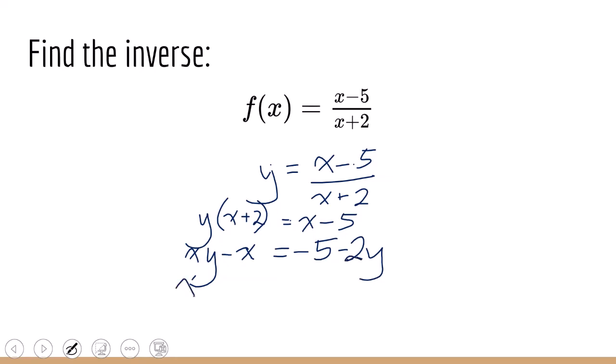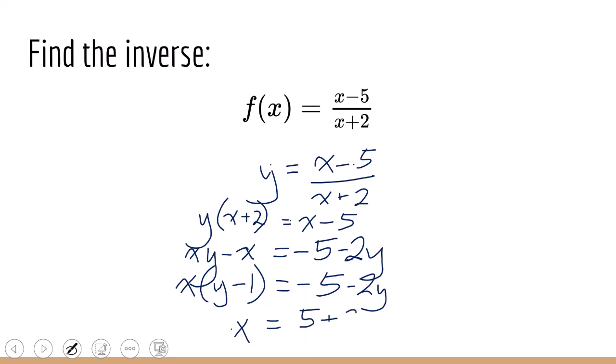Then let's take out x from here: x times y minus 1 is equal to minus 5 minus 2y. And then I can see that x is just equal to 5 plus 2y over 1 minus y. I got rid of the extra minus signs just so it looks a bit nicer.